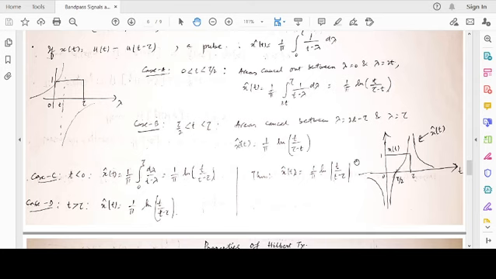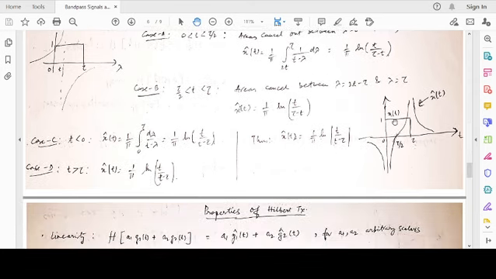Combining these four cases together, how does it look? If x(t) looks like this, as it's a pulse, x cap(t) is ln of t by t minus tau, which has singularities located at t equal to 0 and t equal to tau. At t equal to 0 it approaches minus infinity.